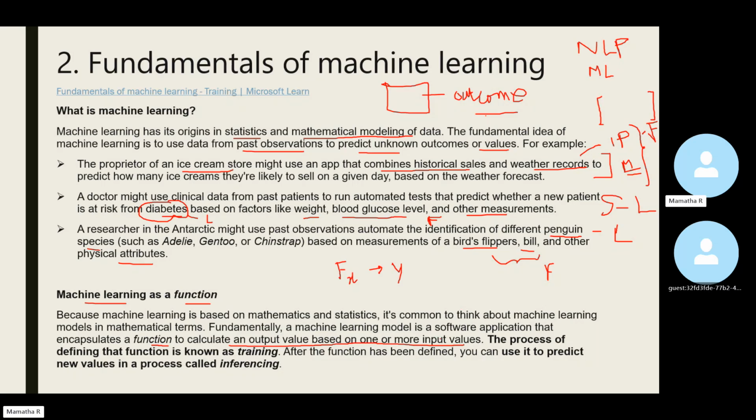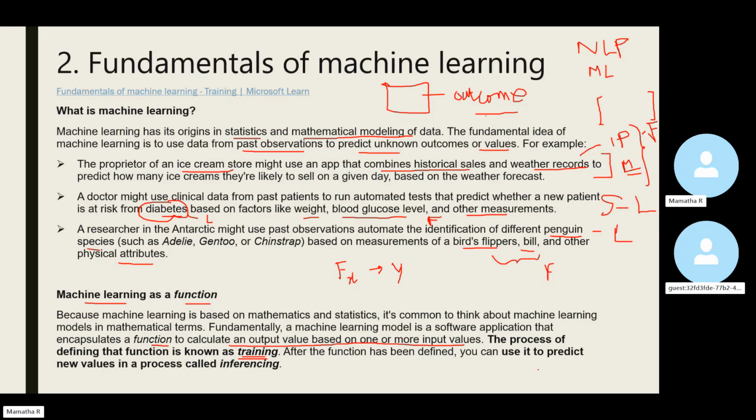This process, where we define our values and the outcome we are going to get, designing the particular statistical model and how exactly I expect the output based on which inputs, that process of defining the function is called training a model.